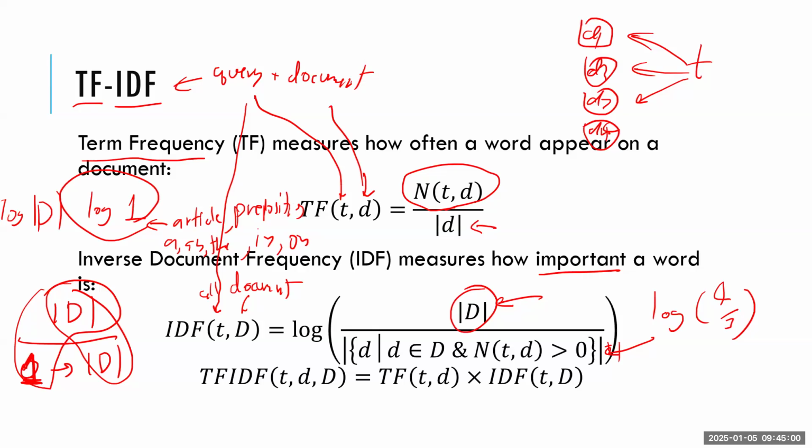All these words will give the score of 0, so you should not consider them. But for other words that appear in a smaller subset of documents, it should be important. And for the final score, you just multiply TF and IDF.